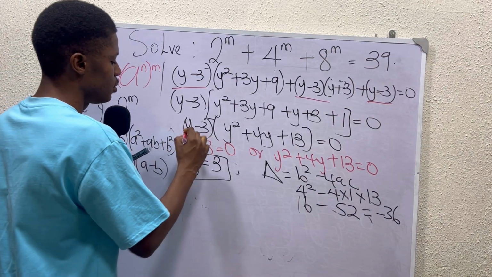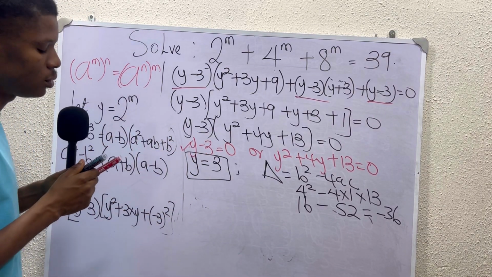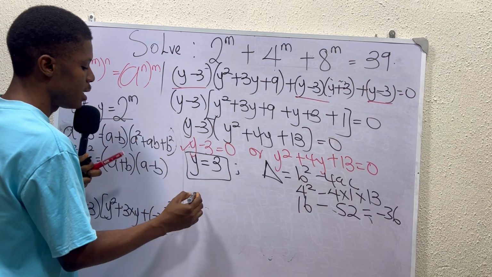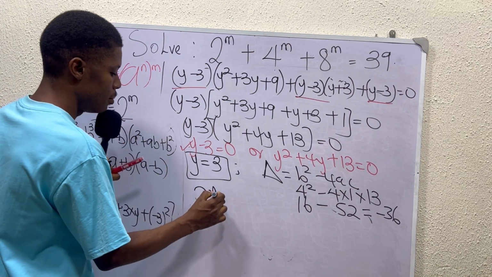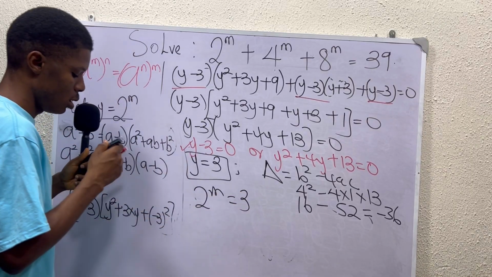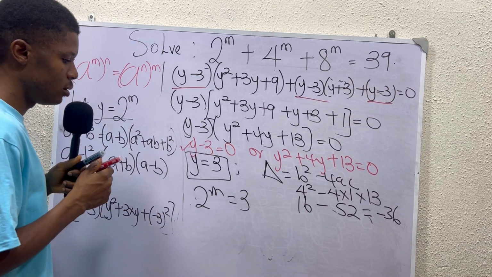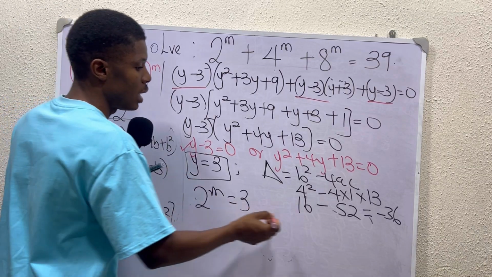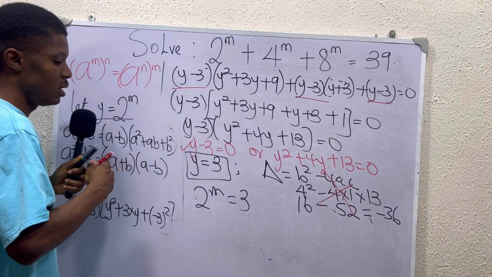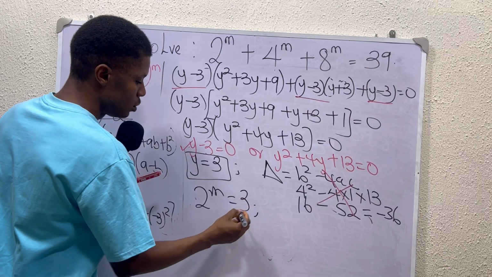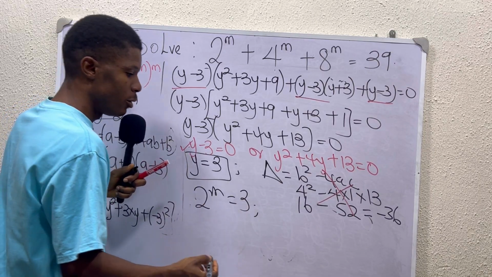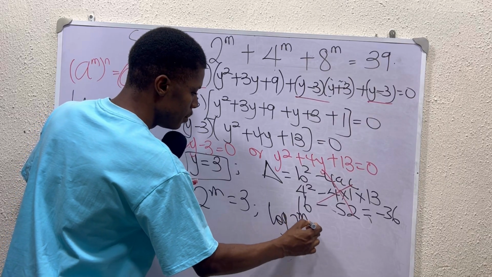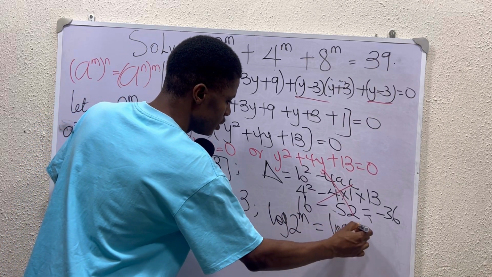So we basically use the other term. Remember, we said that y is this. Since y is 3, that means 2 power m equals 3. To get the value of m, which is what we're looking for, we don't actually need this solution because of the nature of the root. You take the logarithm of both sides: log of 2 power m equals log of 3.